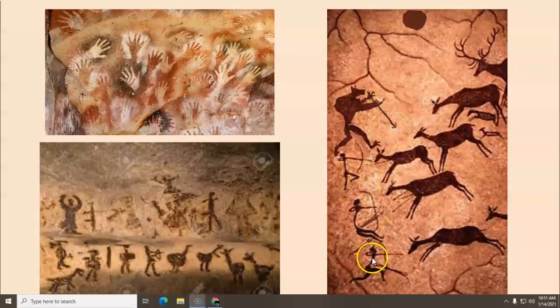Everybody else has bows and arrows, but this one is larger. It definitely has that animal head, and it's definitely holding a spear and not an arrow. You have the bull elk here with the horns, and then the females, some of which have the arrows in them, and then there are some babies as well.